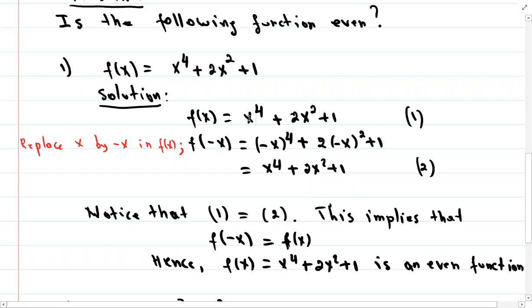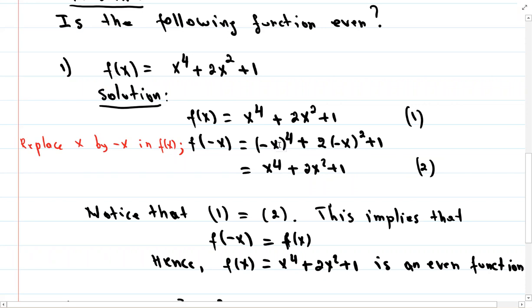So for example, here we're going to replace this x with negative x and that x with negative x. So you're going to have negative x quantity to the fourth power, and then you have 2 times quantity negative x raised to the second power.